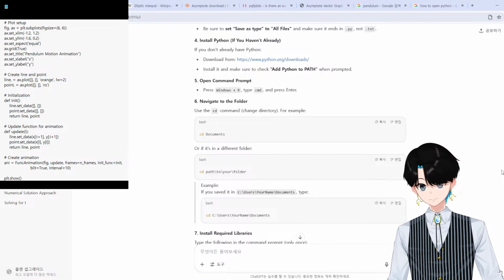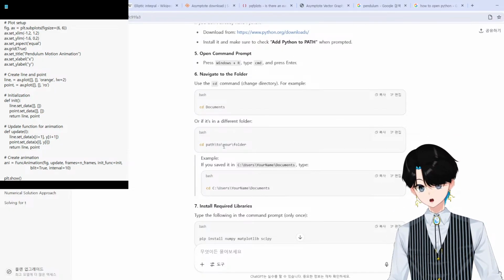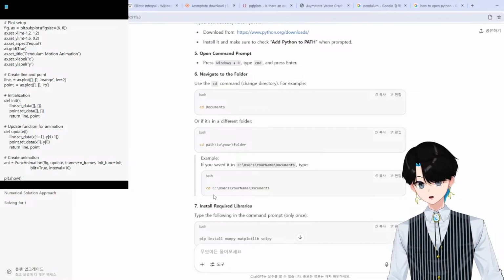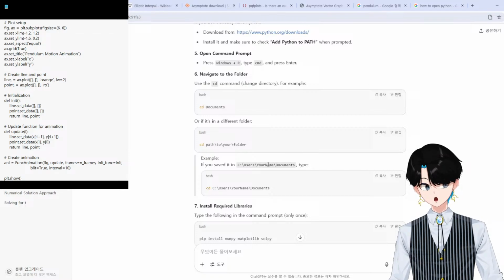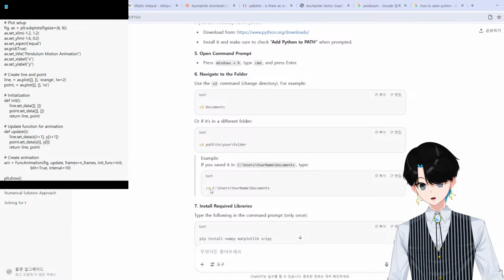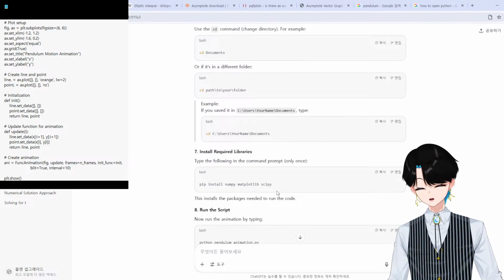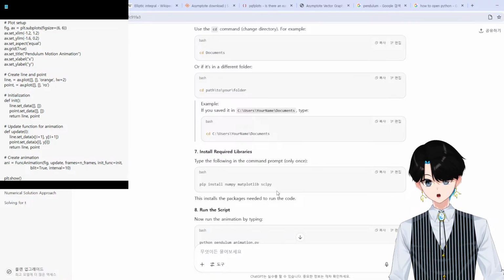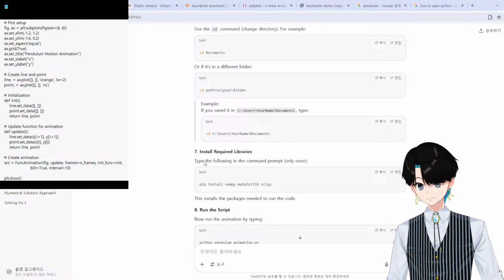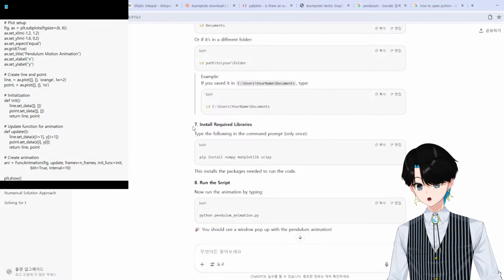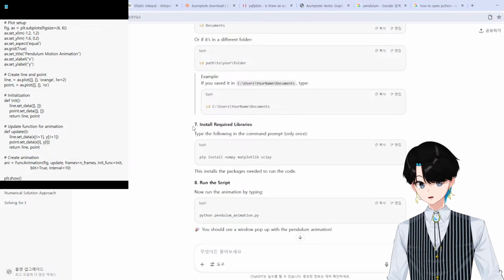Or if it is in a different folder, path to your folder. Example, if you saved it in C:\Users\your name\Documents, type username. This one I might have to not show you guys because I have some very personal folders in the directory. I might not reveal that.